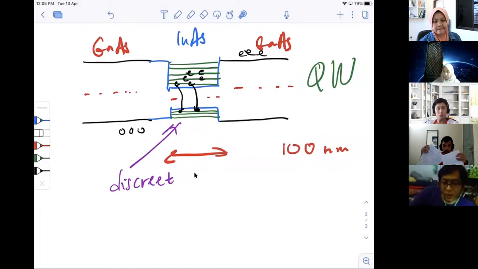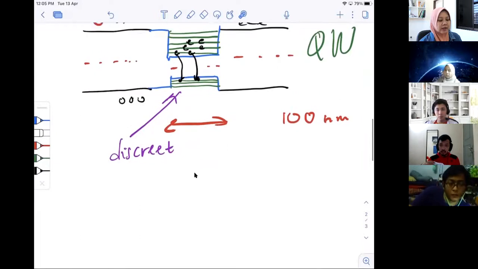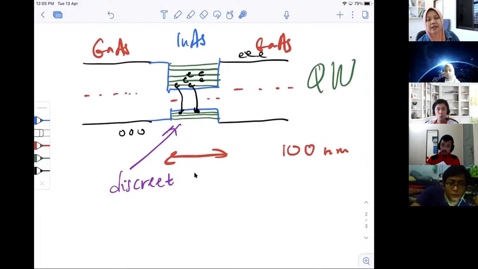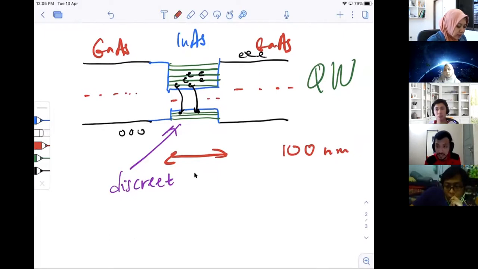Based on that diagram, Madam said that two electrons can be on the same energy level. Normally dia panggil setiap energy level tu, kalau tak silap saya boleh dua. Kenapa dua? Because according to Pauli exclusion principle, right?